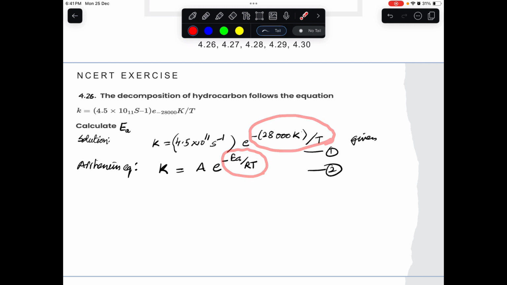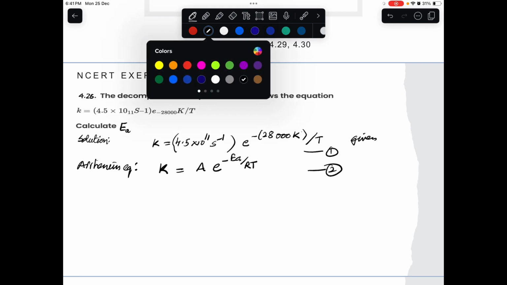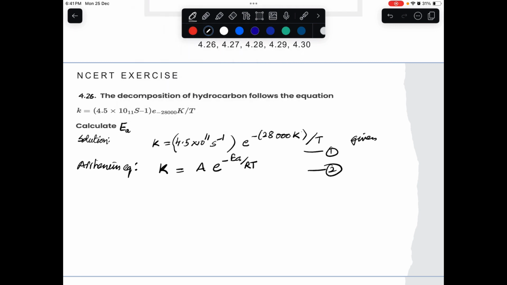Okay, so we will write it down, and from this we will calculate the energy of activation, because we have to calculate EA. So it is minus EA over RT from our Arrhenius equation is equal to minus 28000 Kelvin divided by T. It is from the given equation.